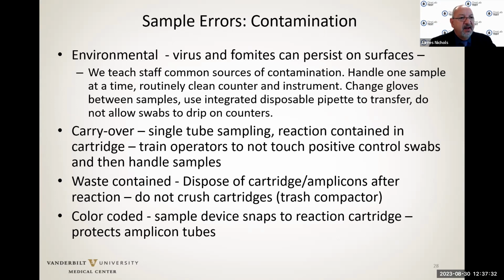And what we did is place an environmental control as an added step weekly when we initially put these on the floors, to have just a swab, wet it with viral transport media, and swipe the surfaces that are touched, the keypad, the door handles, the countertops, the top of the device, and test it like a patient sample, and keep track of how many of these, or what frequency, we saw of positivity rates.